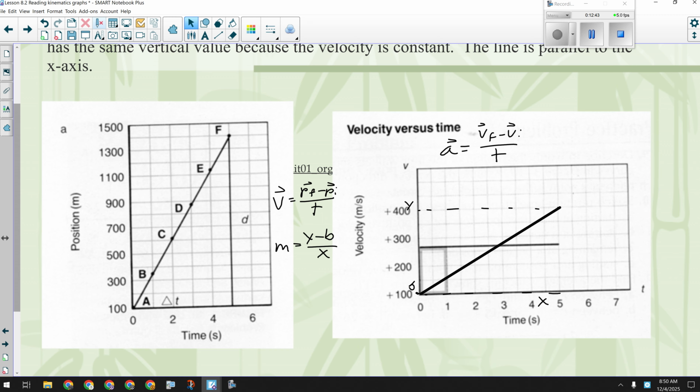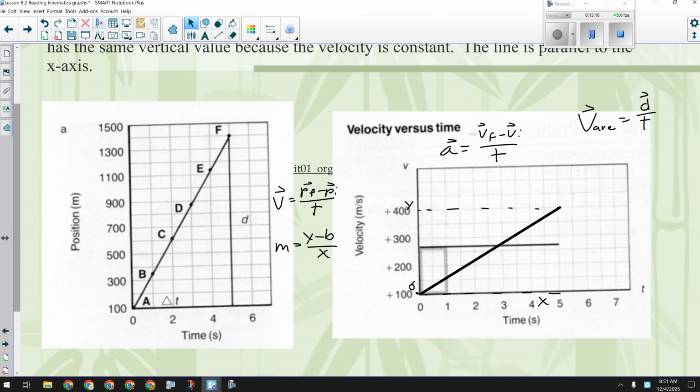Could I calculate the displacement of that object? The diagonal line? Okay? But here's the problem. Doesn't the velocity change on that graph?